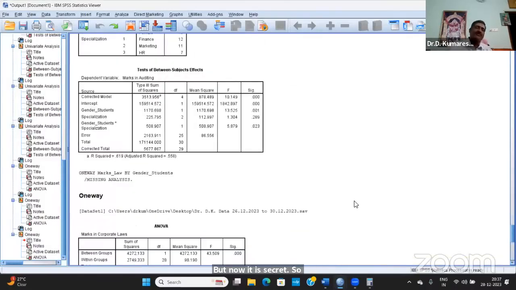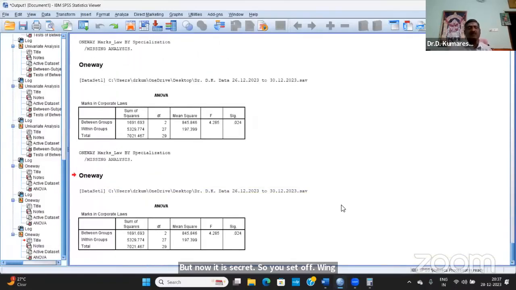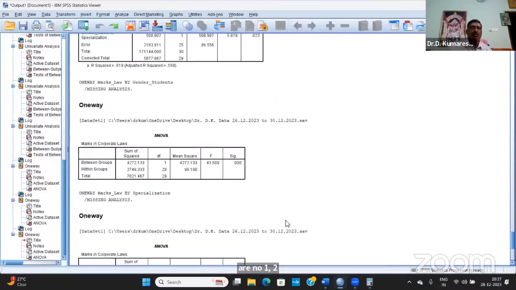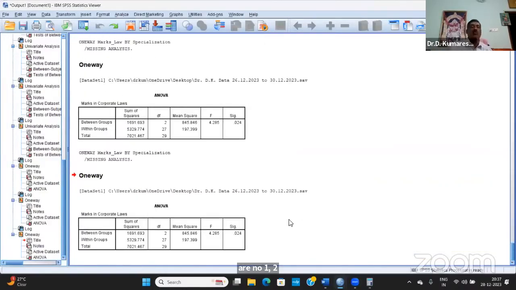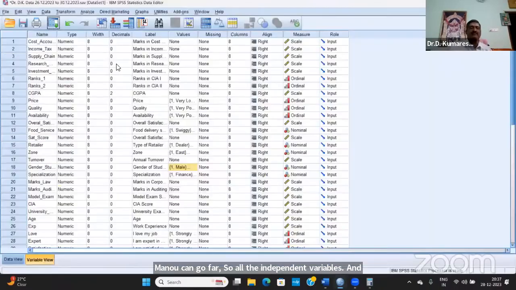So instead of going for one-way ANOVA or two-way ANOVA separately, we can go for MANOVA. So all the independent variables and all the dependent variables are taken together.